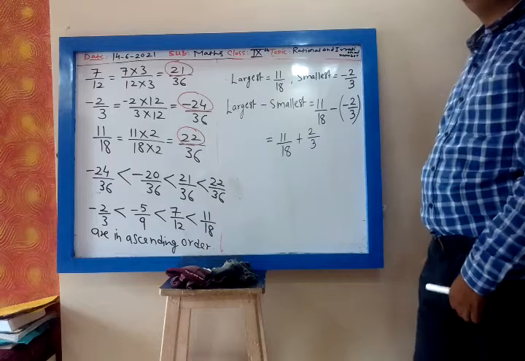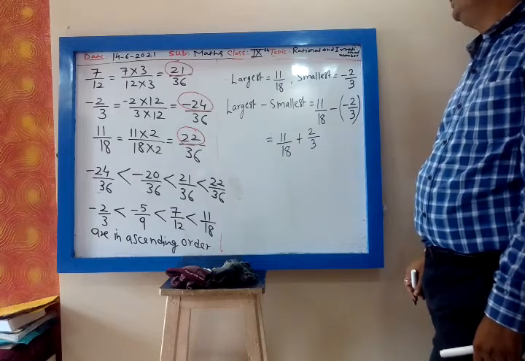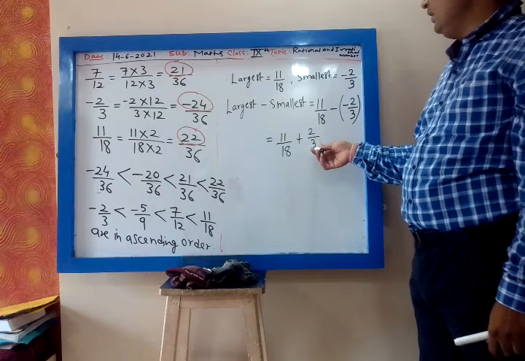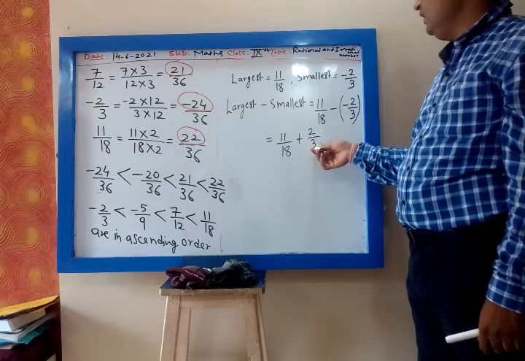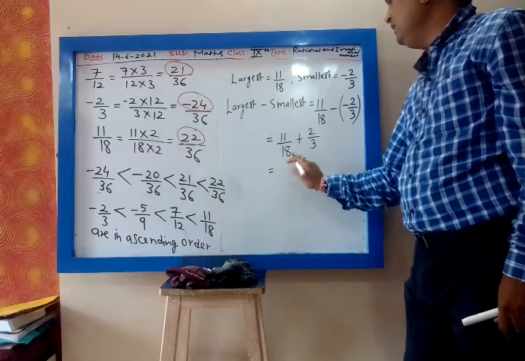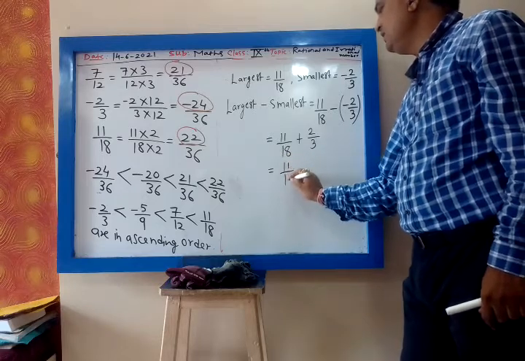Now can you add them? Yes. So now you make the denominator of this 3 as 18, because the LCM of 18 and 3 is 18. So 18 we keep as it is.